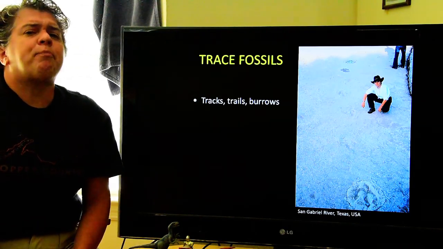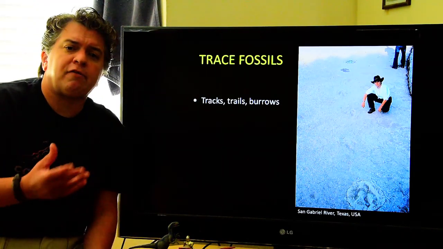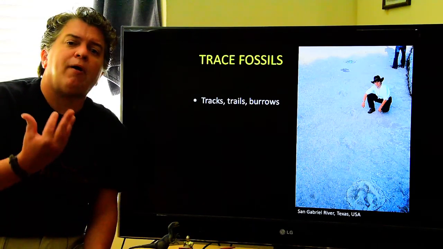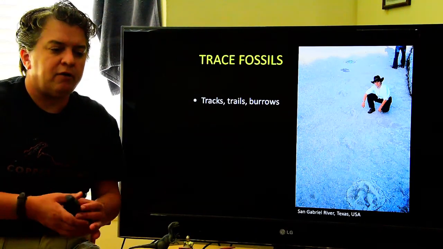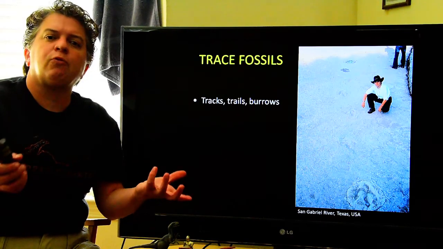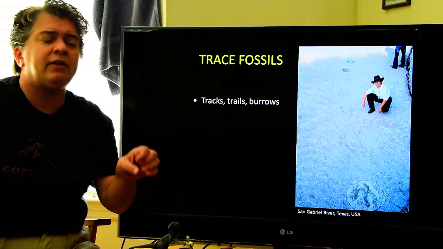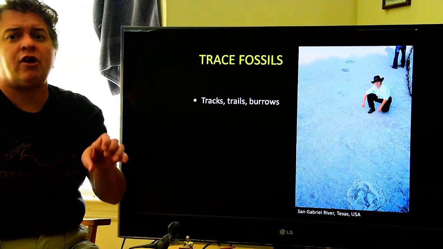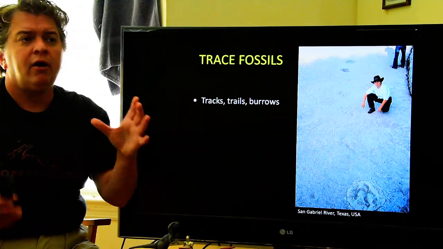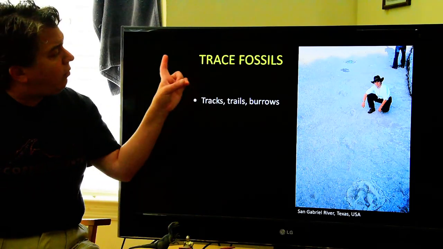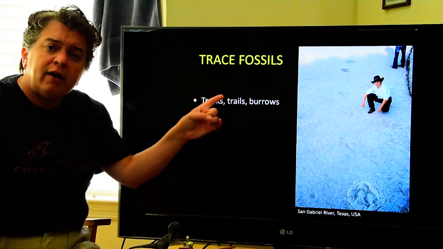Now, all the previous types of fossilization were what we call body fossils. These are where some sort of actual piece of an organism is preserved. It was an impression of the leaf, or it was a shell, or it was a bone, or a tree trunk. Well, we can also have what are called trace fossils.